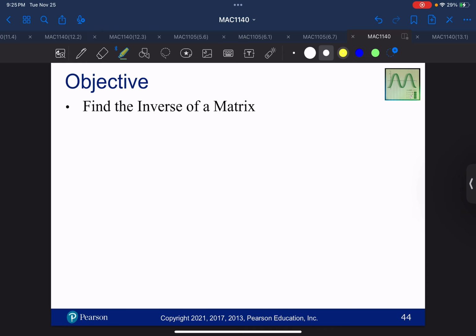Alright, so we are going to learn how to find the inverse of a matrix.